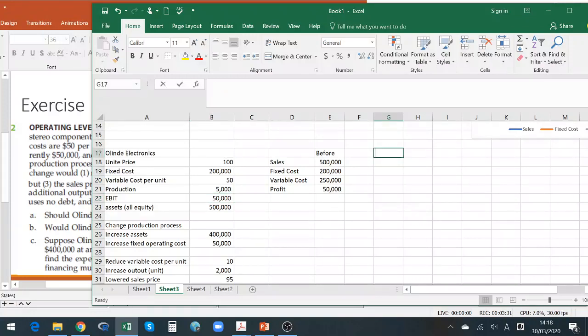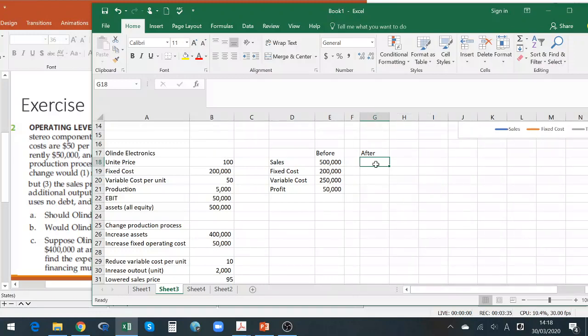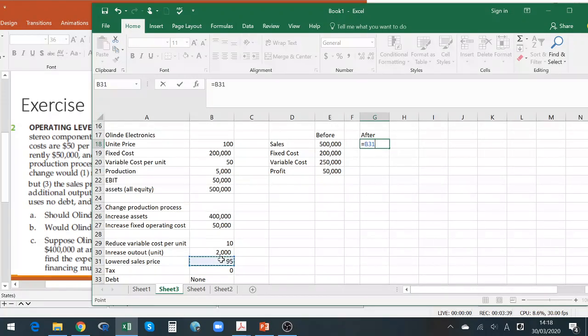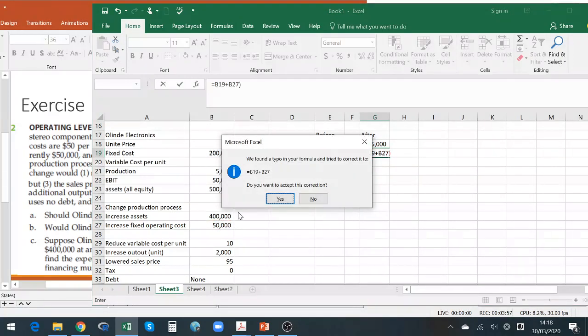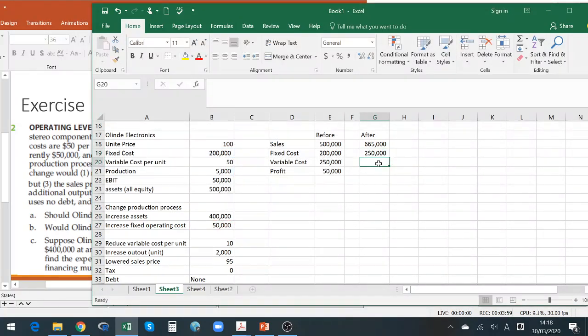How about after this investment? So sales, remember sales price will be 95, right? But your production is 5,000 plus 2,000. Fixed cost is this, and you have some additional fixed cost, right? 50,000. And how about the variable cost?